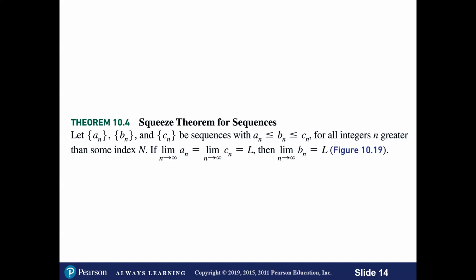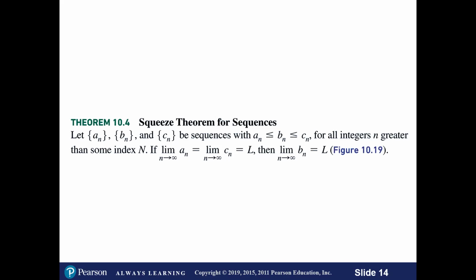If I found two functions that bounded my third function, a lower and an upper bound, and those two functions had the same limit, then the squeeze theorem said that the middle one also had to have that limit. And we have the same theorem for sequences.